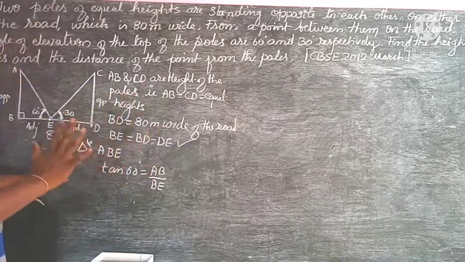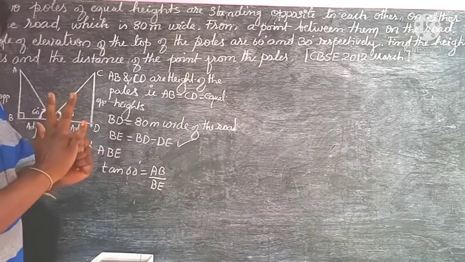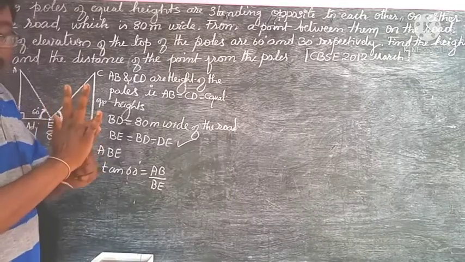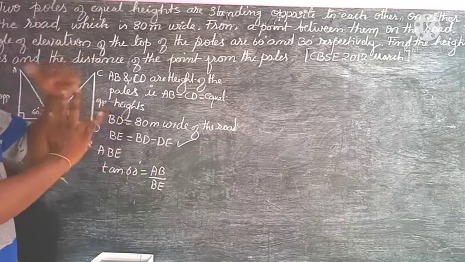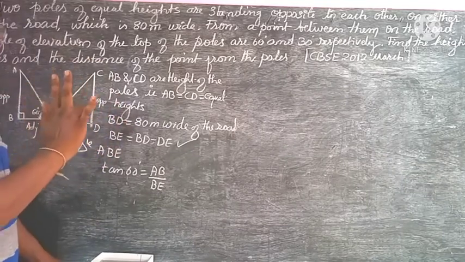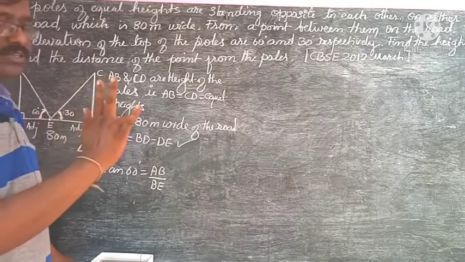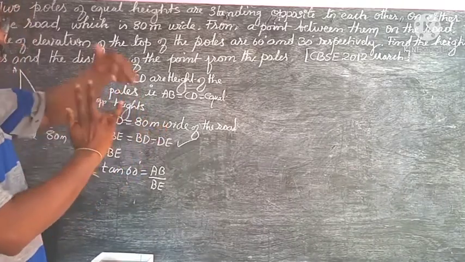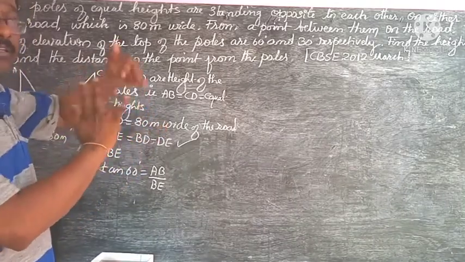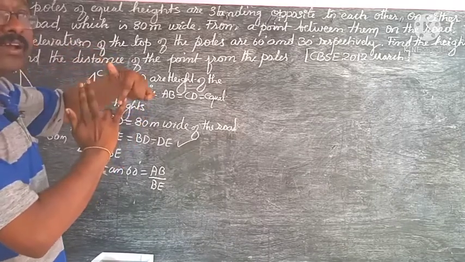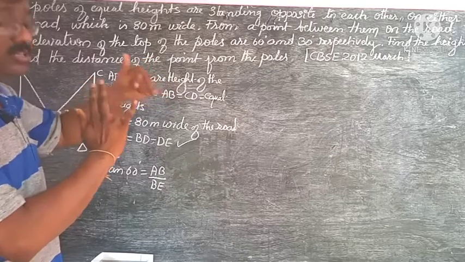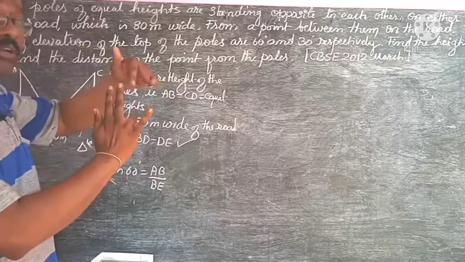Tan 60 means you fold the 60 finger, and the left side and right side give the sine and cos values. Sine divided by cos: the left side is the sine value and the right side is the cos value. You put the root here.